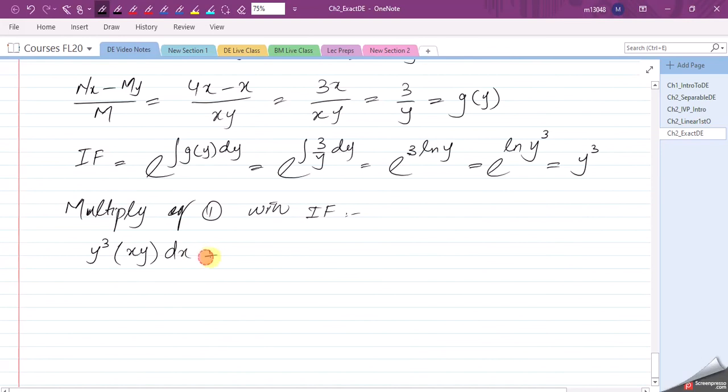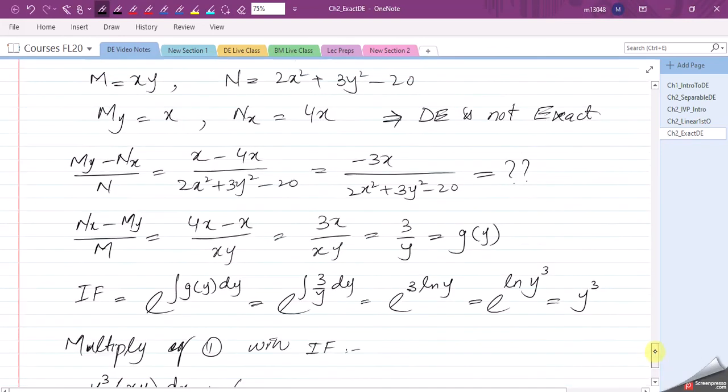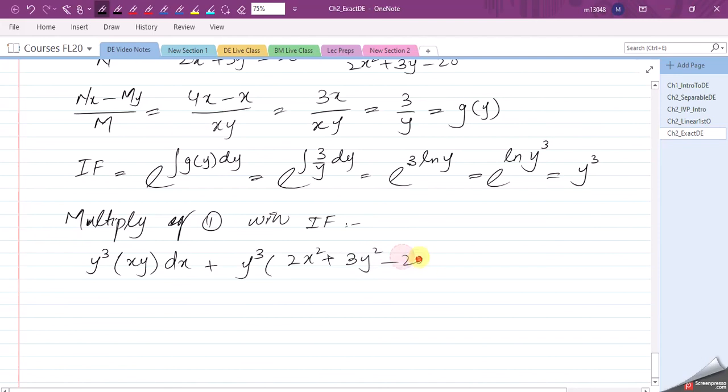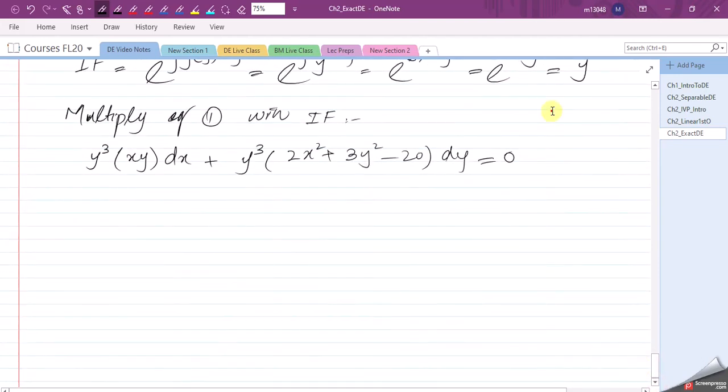So y³ times xy dx plus y³ times (2x² + 3y² − 20) dy equals 0. Now again, if I have done the steps correctly, I am sure that this should be exact, but there is no harm checking always.